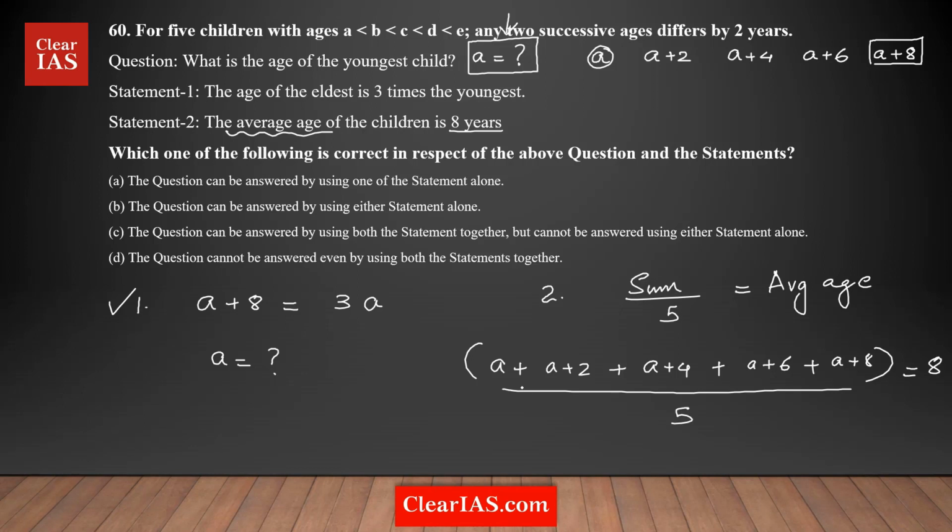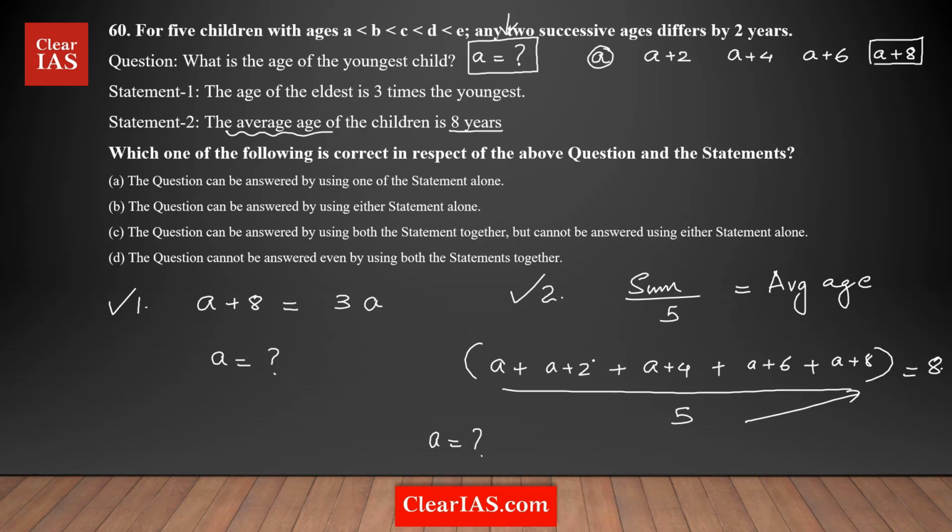Again, do I need to solve it, or just check whether it's possible to find the value of A? Yes, it is possible, because you can cross multiply: the sum is equal to 8 times 5, which is 40. It's just one variable, so you'll be able to find the value of A. So statement 2 is also sufficient to answer the question.